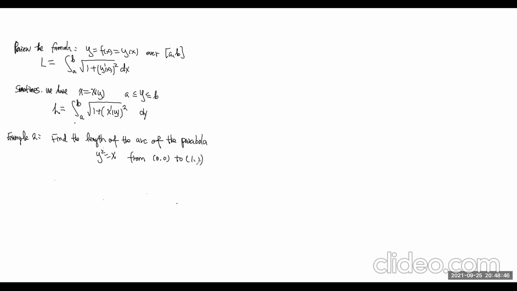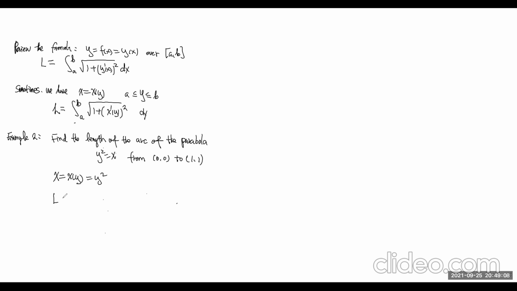So you can say, okay, we can write y as the square root of x. Yes, you can, but there is an easier way. Either way, we regard x as a function of y, so x is y squared, right?